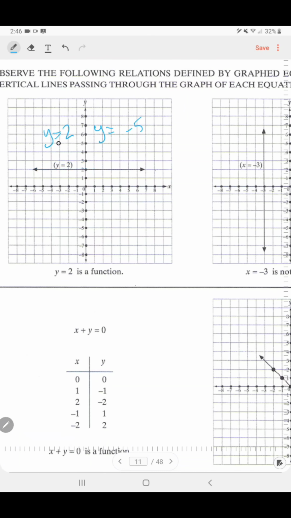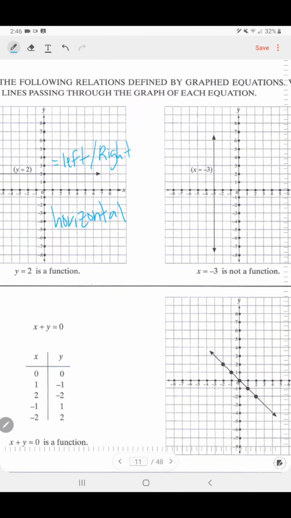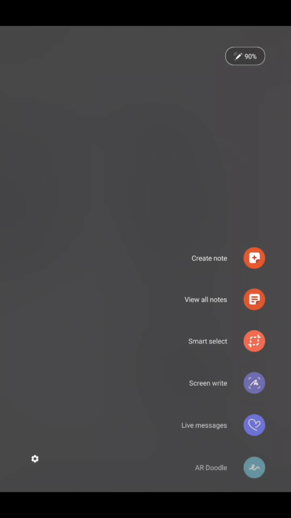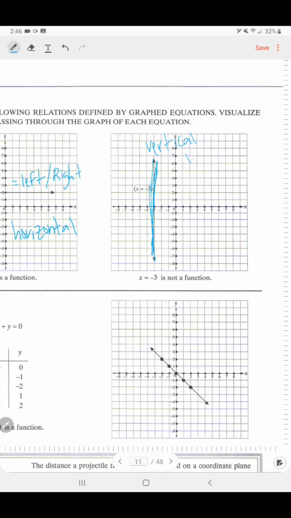So if you want to make a note, y equals a number, the line goes from left to right, which is called a horizontal line. For x equals a number, it goes up and down, which is called a vertical line, and it's not a function.